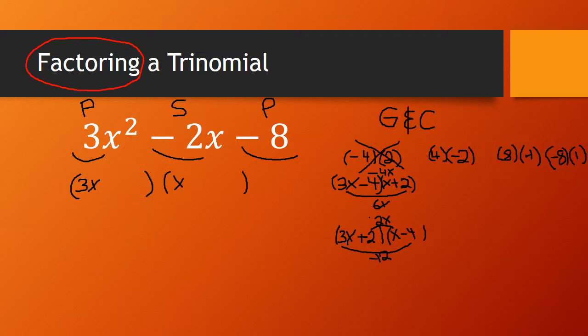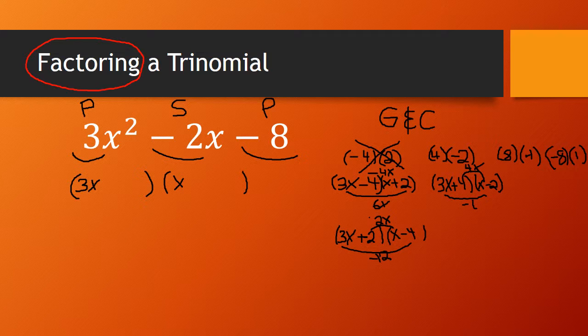Let's try 4 and negative 2 now. So again, I'm going to put 4 in the first binomial and negative 2 in the second binomial, and check for the middle sum. So we have 4 times x is 4x, 3x times negative 2 is negative 6x.